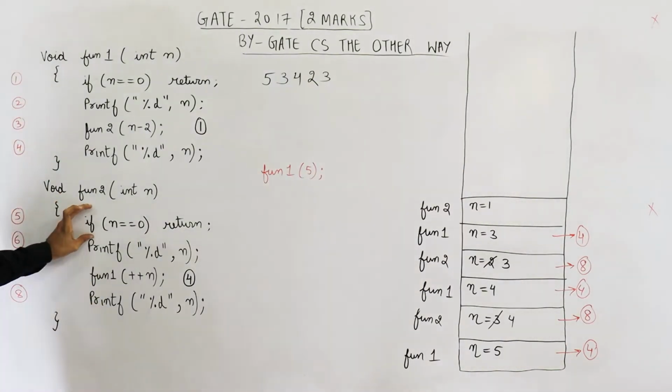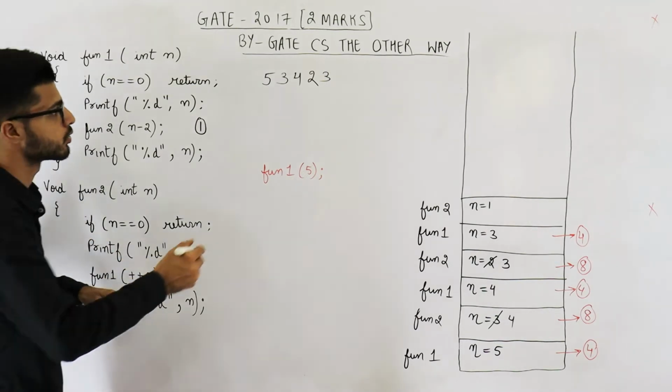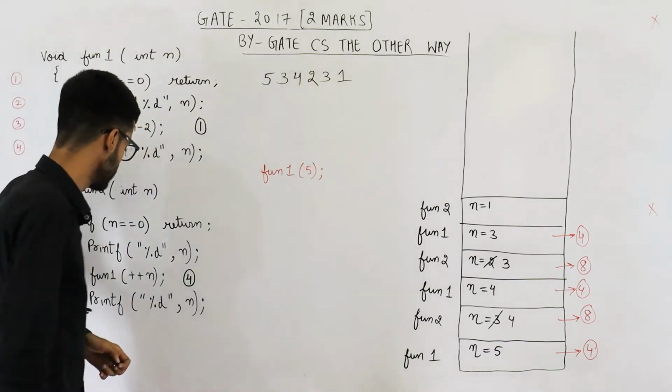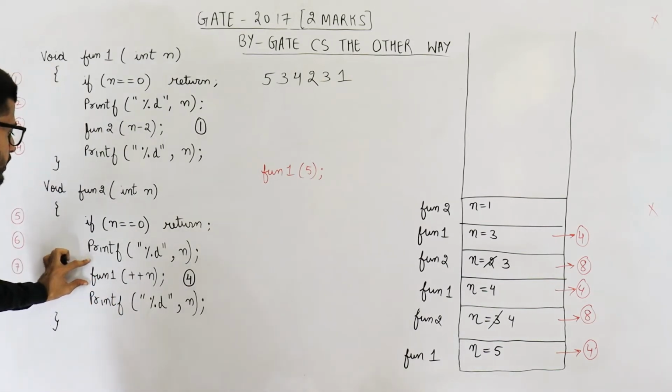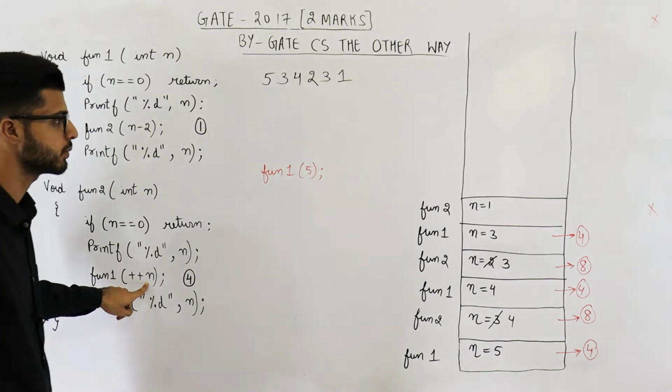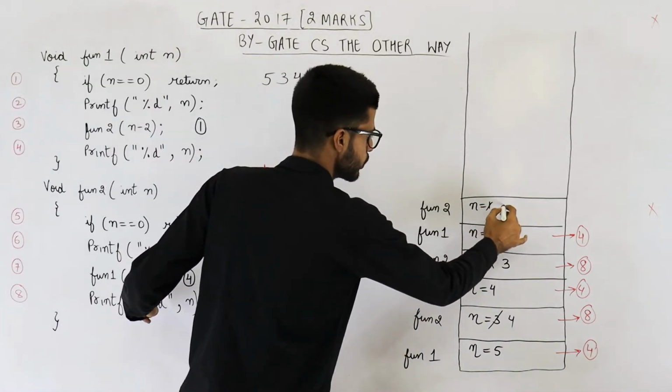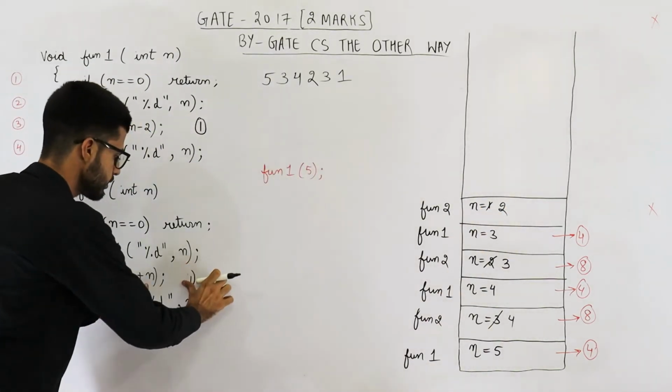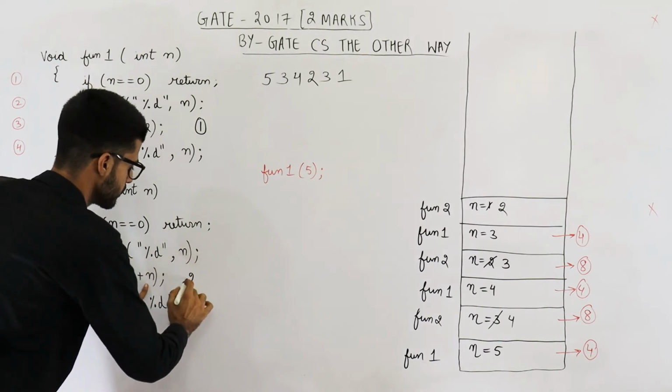Now n is not 0 because the value of n is 1. Then printf %d n. So 1 will be printed. Then fun1 is called with ++n as the parameter. So n is incremented to 2 and the value that is passed is 2.